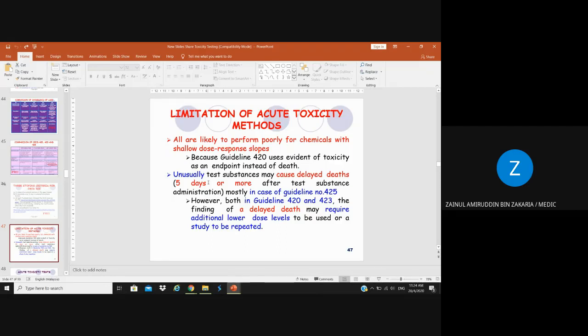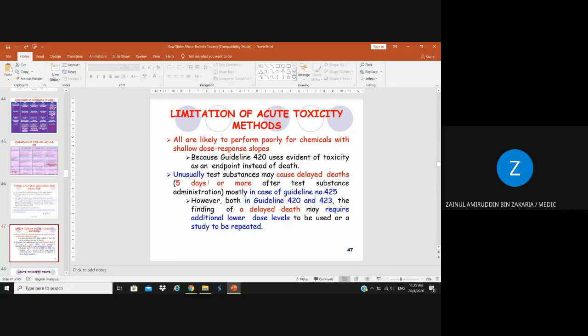Let's say you give 200 mg per kg and see no sign of toxicity. But after a certain time, metabolism and so on, the metabolized product causes injury to the liver, to the kidney, and toxic effect to the animal. Then after 5 days you see the animal dying.